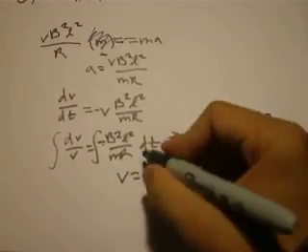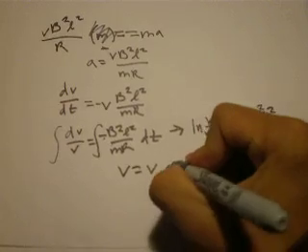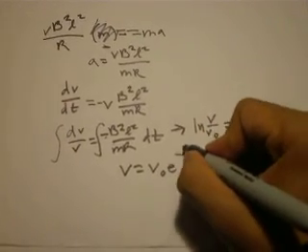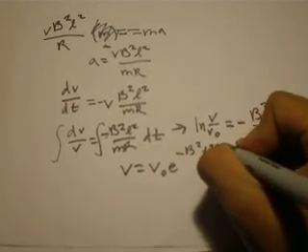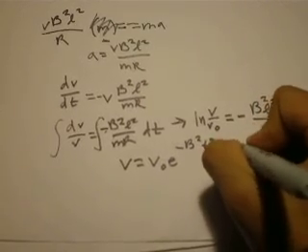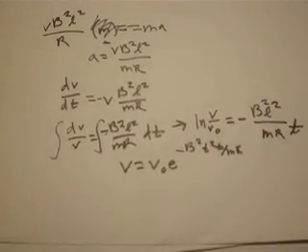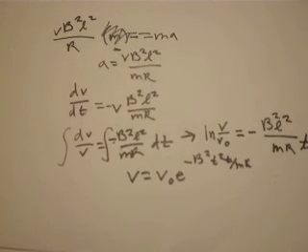So v equals v naught e to the negative B squared L squared t divided by m R, because we have to solve for v. There is your answer.